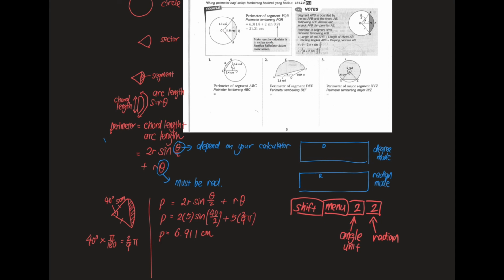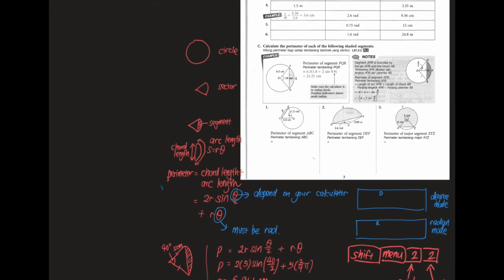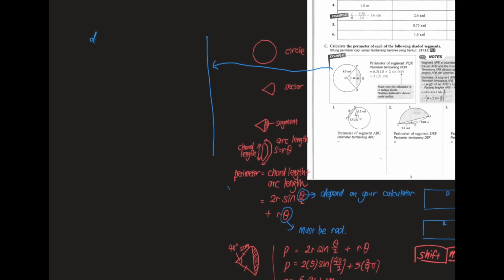Let's say you like degree mode very much and you don't want radian mode. How do we do it? Let's discuss this. In degree mode, I change my calculator back to degree mode first.